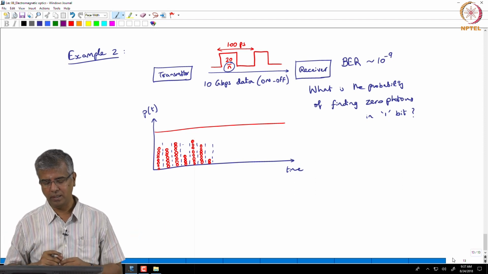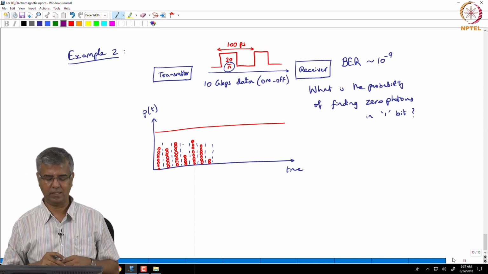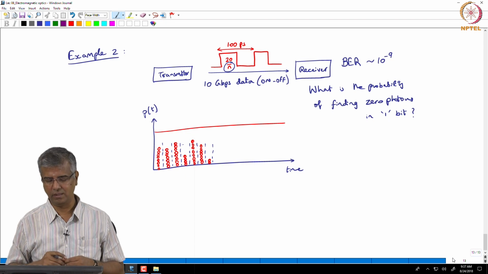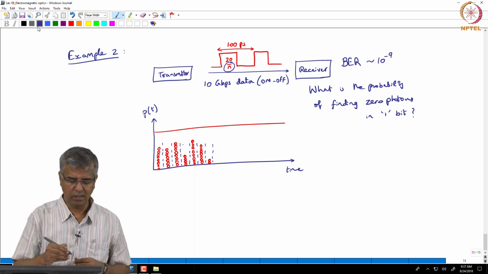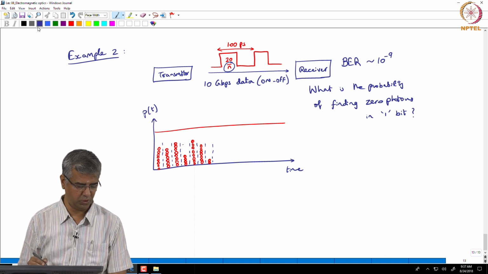So your arrival statistics at the receiver follow what is called a Poisson distribution.